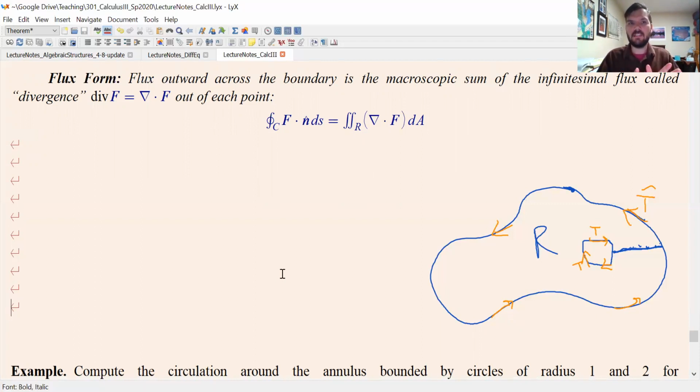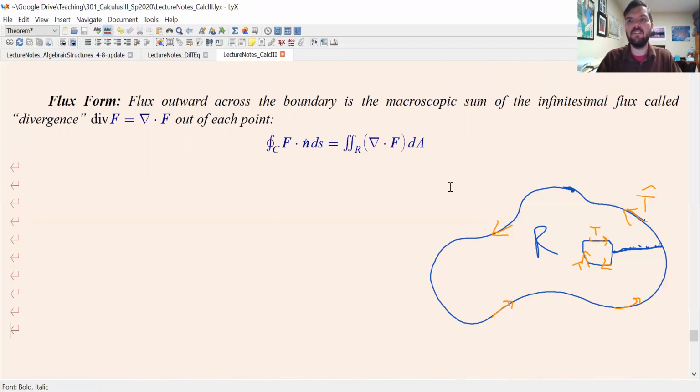The flux outward across the boundary is the macroscopic sum of the infinitesimal flux pieces called divergence at each point. And that divergence is described by the dot product of the del operator and the vector field. So again, we'll draw what the divergence looks like.